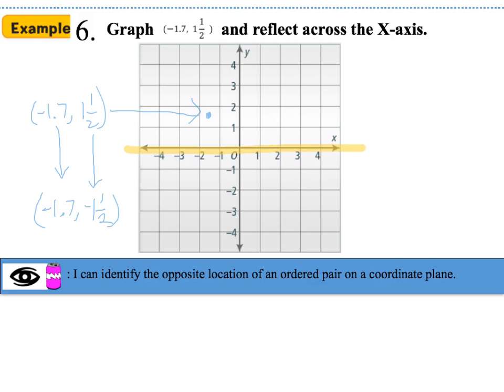Now let's go ahead and graph that. So negative 1.7 on the x-axis is about here, and I'm going to go down to negative 1.5, which is right in the center. So this black dot is the reflection point of negative 1.7 comma 1.5.